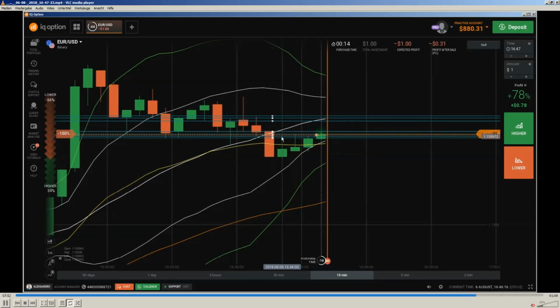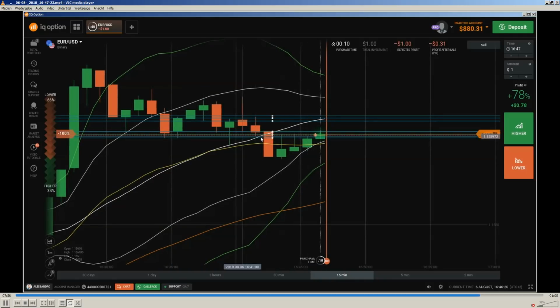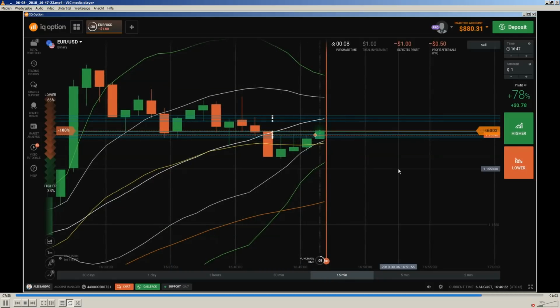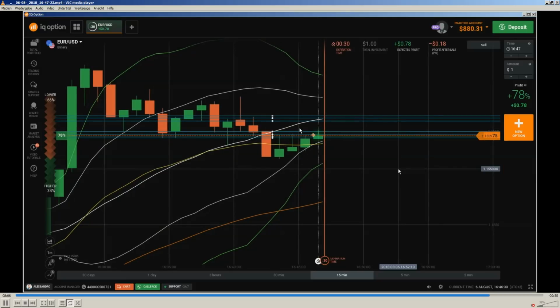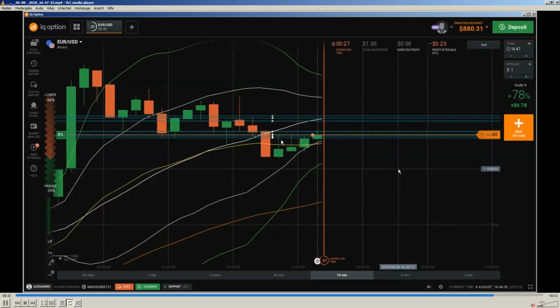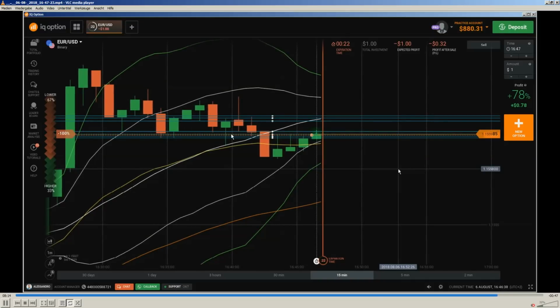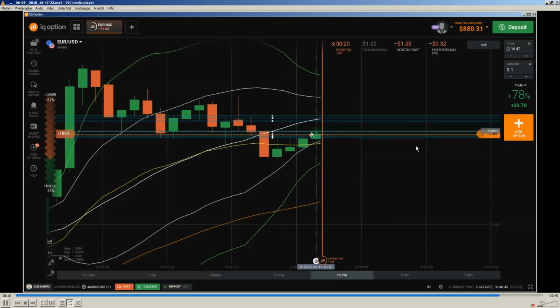And after this, yes, I entered here into a put, yes, because this is the last kiss, the pullback of this candlestick. So you could have done here a lot of trades into a put. This would be a little bit risky because there would be no margin of safety to enter, but this would be a nice in the money, yes, if you would trade this kind of pullback here on this horizontal line.